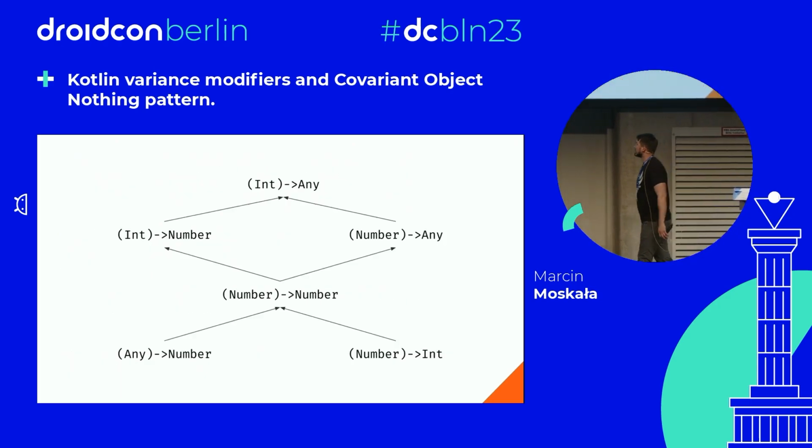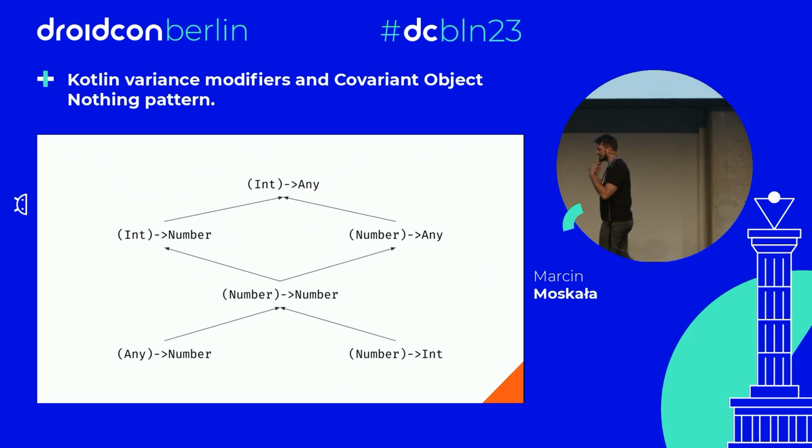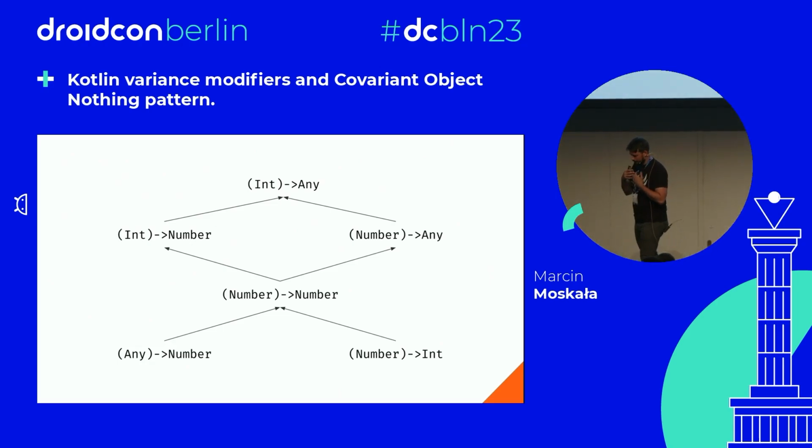But if you are interested in why it happens this way, the reason is that the type parameters of function types have appropriate variance modifiers, yeah? In and out. Parameters are in, result is out. That's why you can draw this example hierarchy of types. You can see that a function from Int to Number is a subtype of a function from Int to Any.